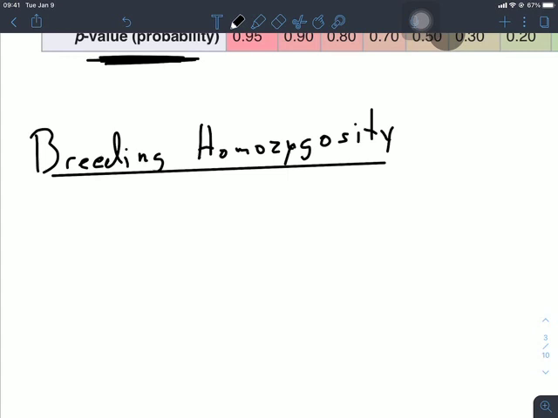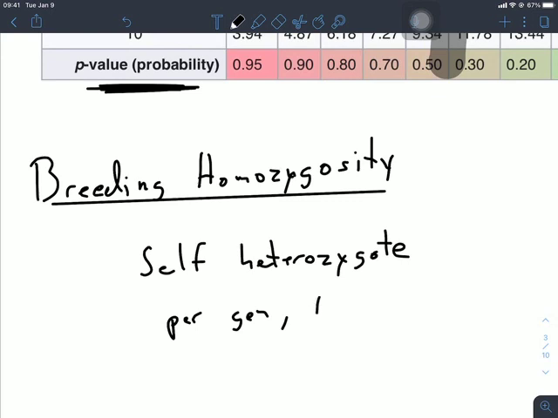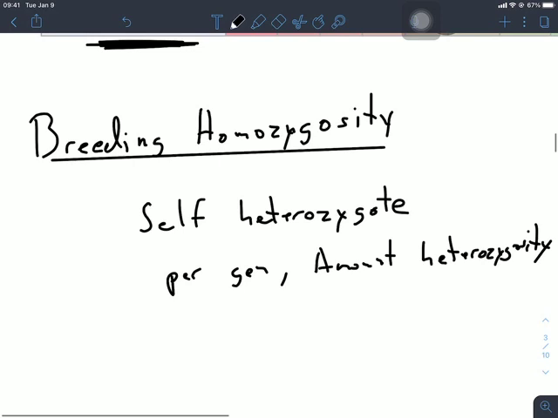So the question here is, if we try to self a heterozygote, we want to ask, per generation, what is the amount of heterozygosity that remains?